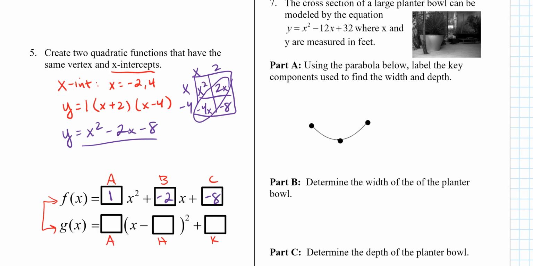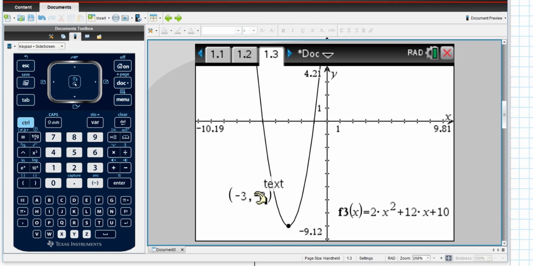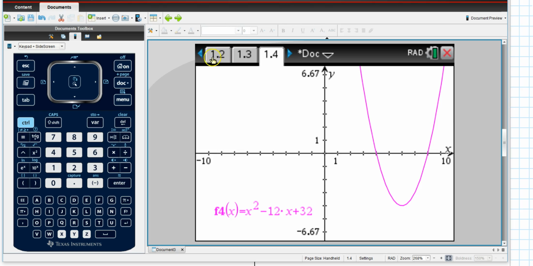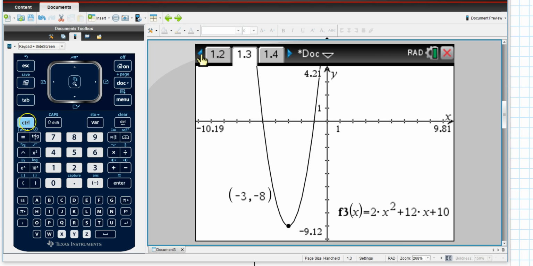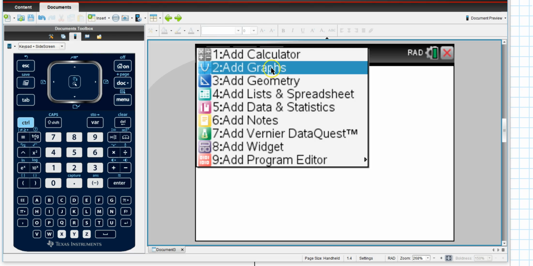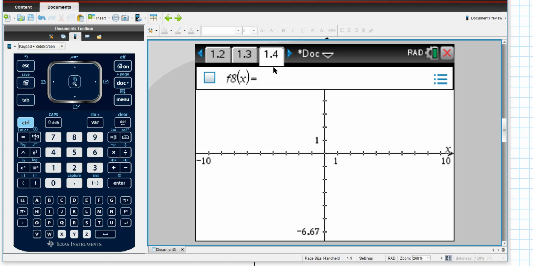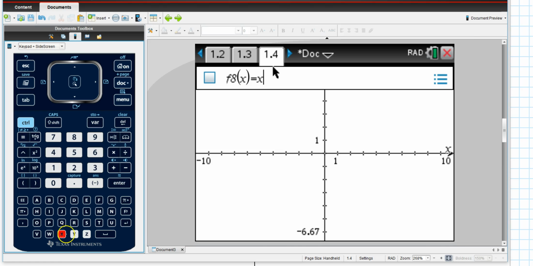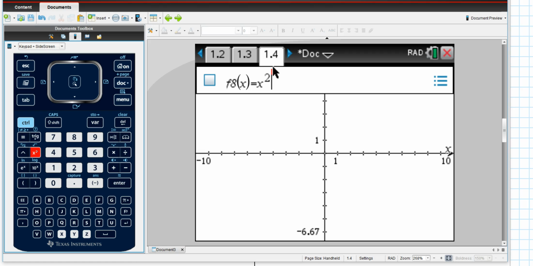And then for vertex form, well, I'm just going to go to my calculator and I'm going to create a graph. And it's going to be that function, x squared minus 2x minus 8.